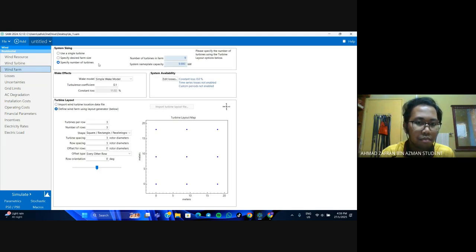For the wind farm, I use 9 turbines. Here is the turbine layout map, which uses 3 turbines per row and 3 rows in a square shape, with turbine spacing and row spacing also 3.